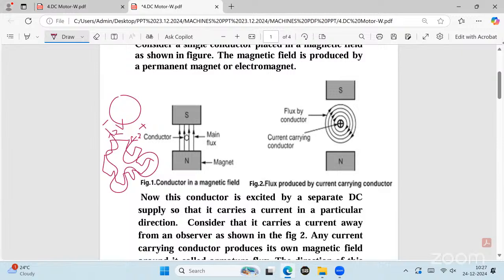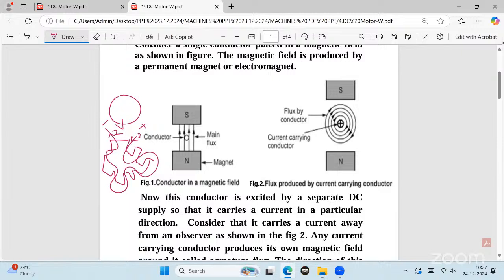Same thing: take a steel bar, give a supply, give a voltage, current will flow. We have given voltage, current flows through the winding, and after a few seconds the conductor becomes a magnet.